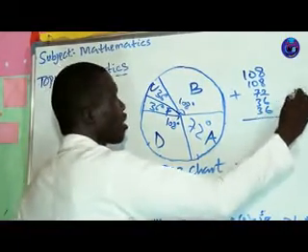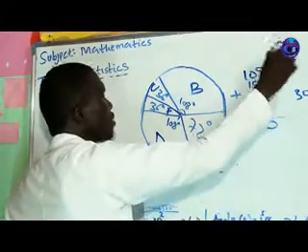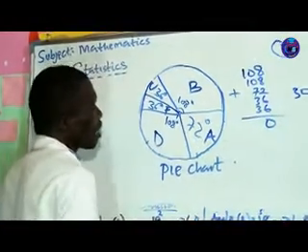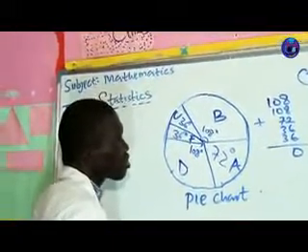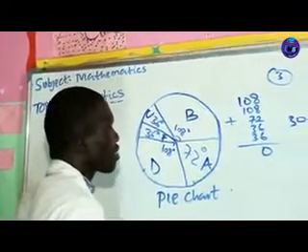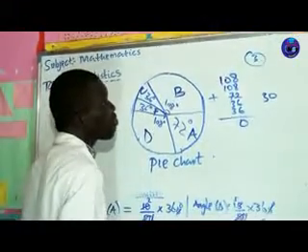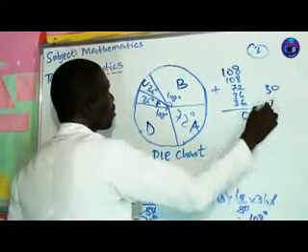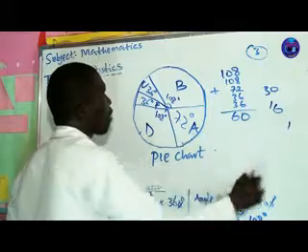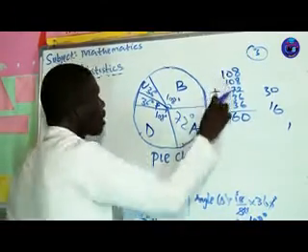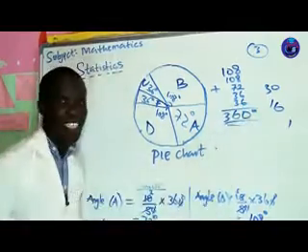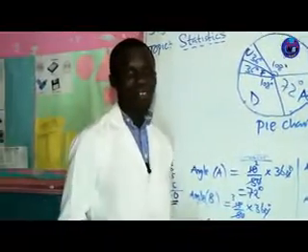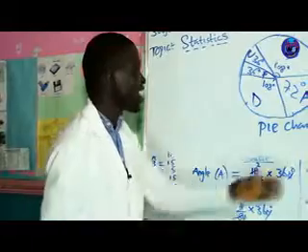So 30, we write 0, remain 3. Now look at this. 7 plus 3 is 10. 10 plus 3 will give us 13. 13 plus 3 will give us 16. So we write 6, carry 1. Okay, 1 plus 1 will give us 2, plus the 1 we have 3. So that means our answer is correct, right? Oh, you can clap for yourself because you are part of this class, right?